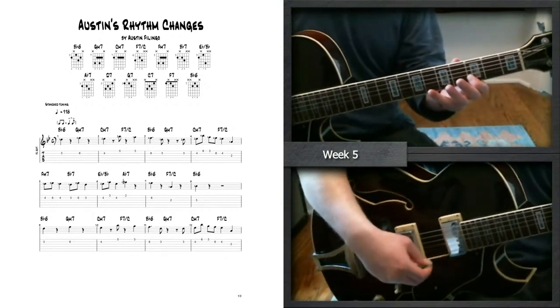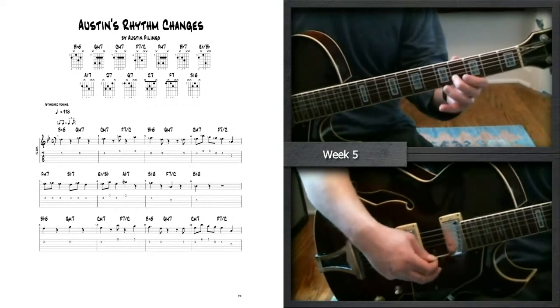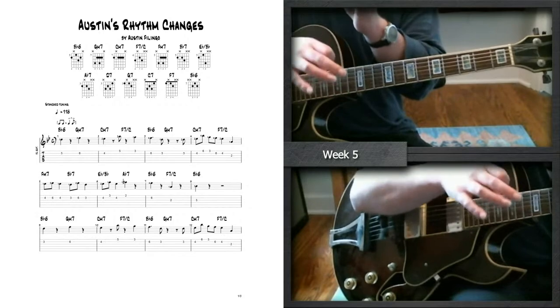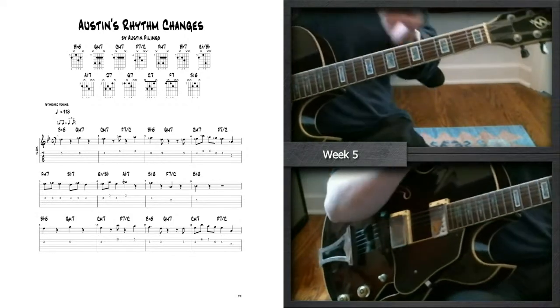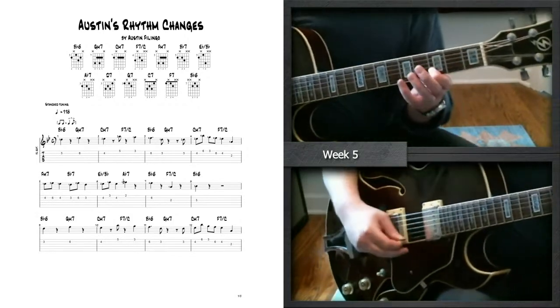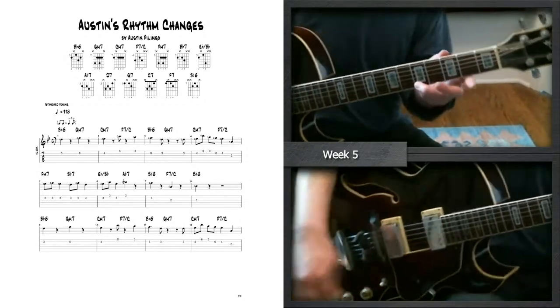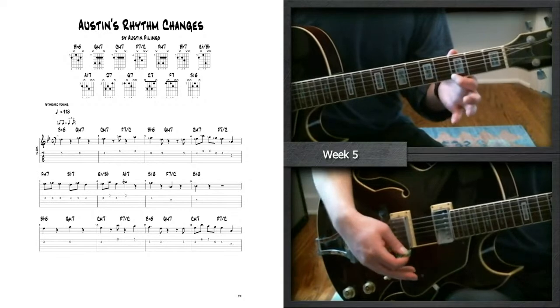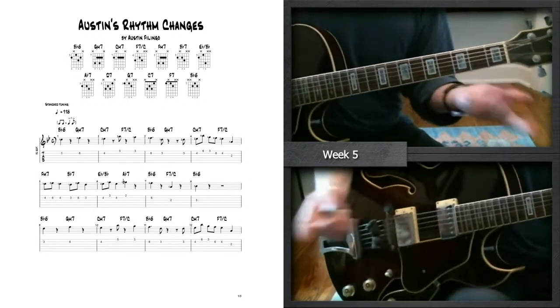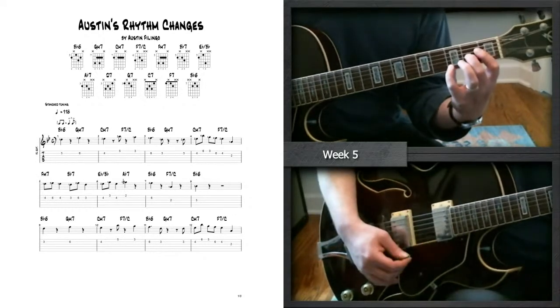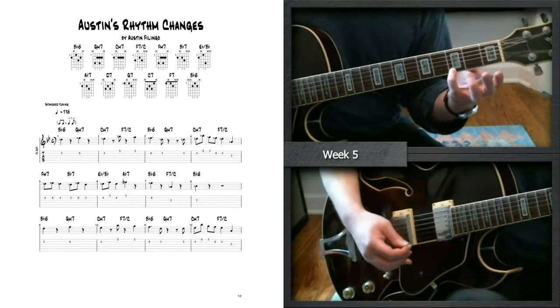So 1, 2, 3, 4, 1, 2. I'm keeping them kind of short, like something a horn would do. So 1, 2, 3, 4, 1 and 2. And then I'm walking down the 9 of the F chord there.